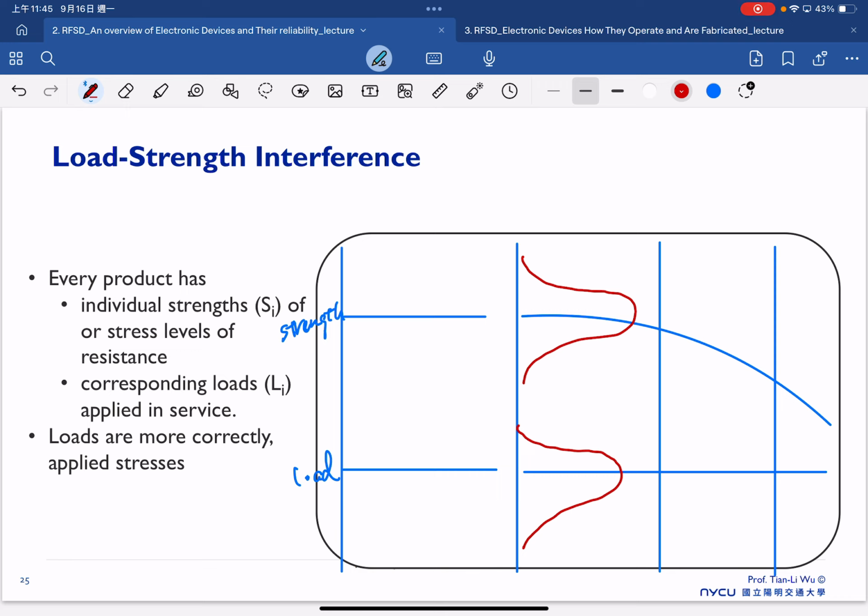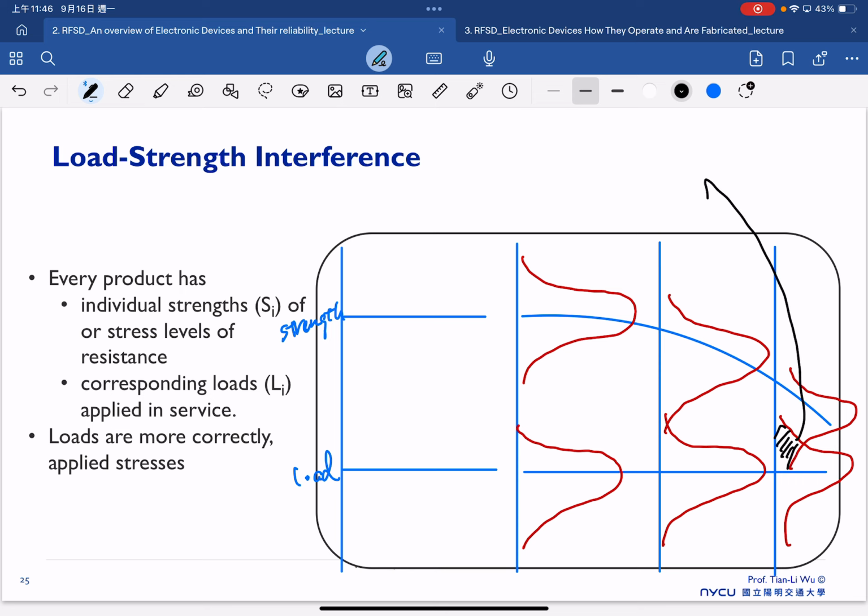And the problem is that with respect to time, the load won't change, but the strength decreases. And once it decreases more and more, we start to see the overlap region getting higher here. Once the overlap region is higher, that means failures can start to happen.